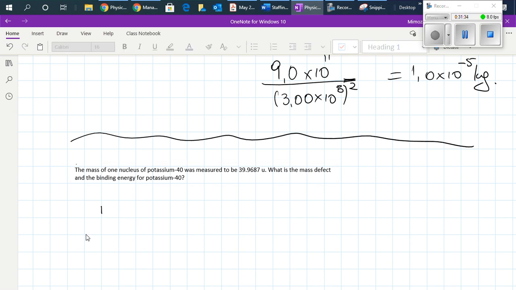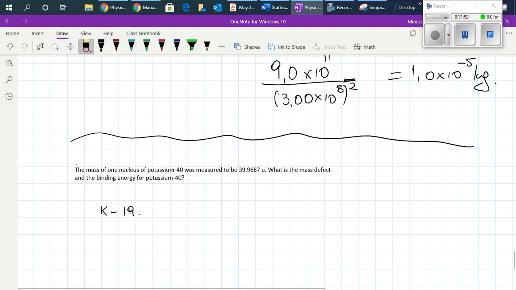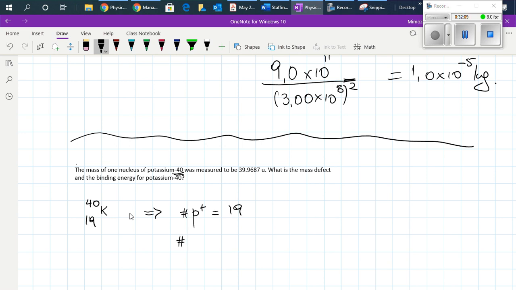If you refer to the periodic table, you will see that potassium is in the 19th place, and we have the isotope potassium-40. So the number of protons for potassium is 19, and the number of neutrons is 40 minus 19, which equals 21.